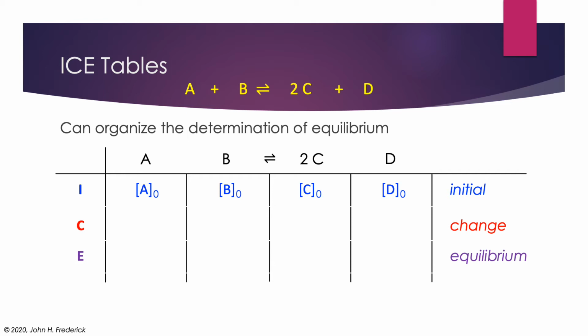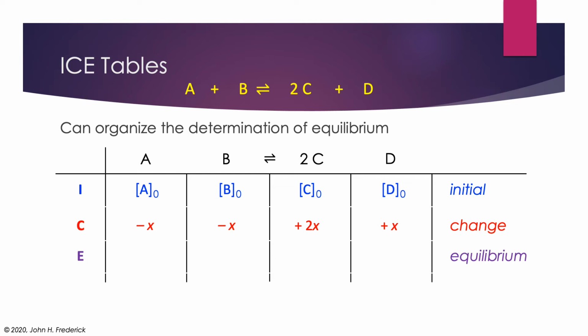And I'm going to use the coefficients in the balanced chemical equation to multiply x. So the increment of change for A is going to be minus x. The increment of change for B is going to be minus x also, because it has the same coefficient of 1 in the balanced equation. Now for C, it's got to be plus 2x. We're producing C in this reaction, it has a coefficient of 2 in the balanced equation, so it'll be plus 2x, and for D it'll be plus x.